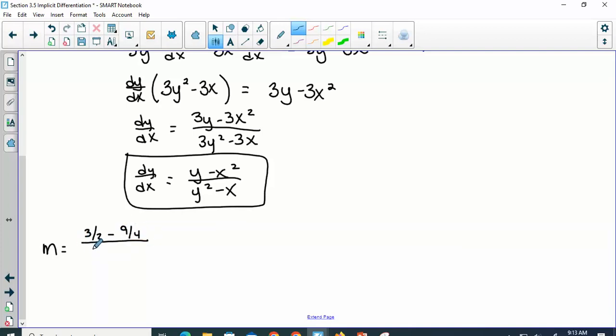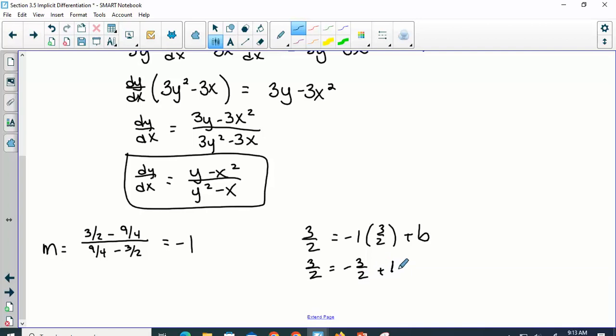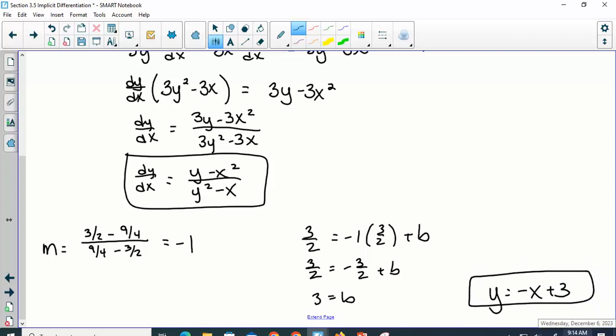I plug that into my derivative and I would get my slope, which is -1. And y equals mx plus b. And we have the equation of the tangent line.